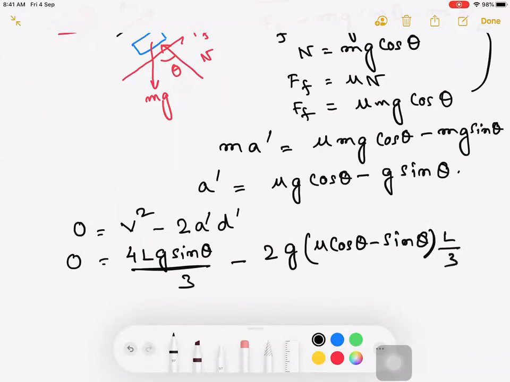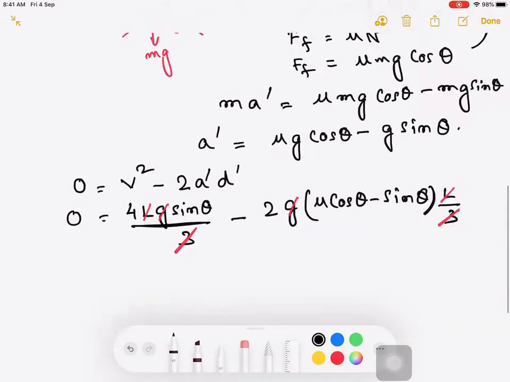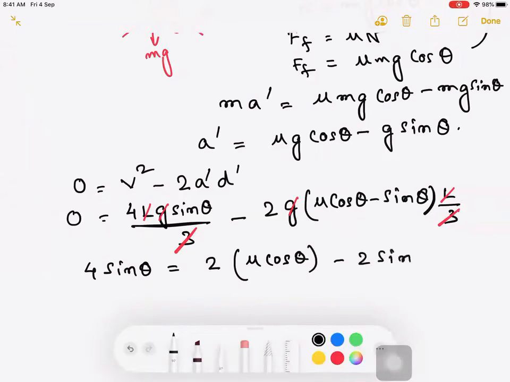See this L, it cancels out. This g cancels out. The 3 cancels out. And you are left with, I can write this as 4 sine theta is equal to twice mu cos theta minus twice sine theta.